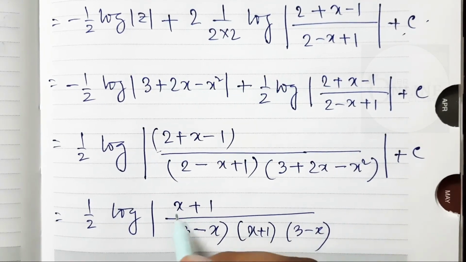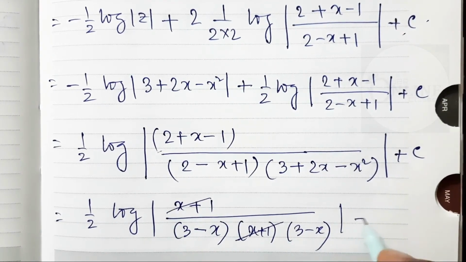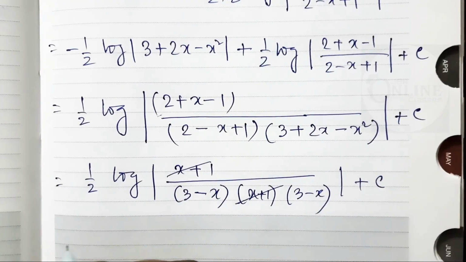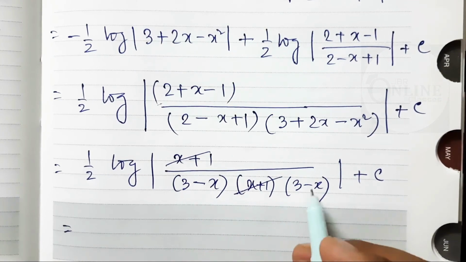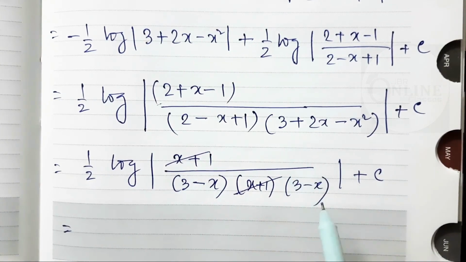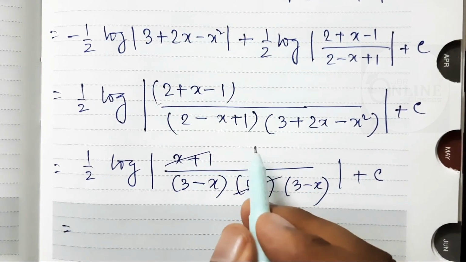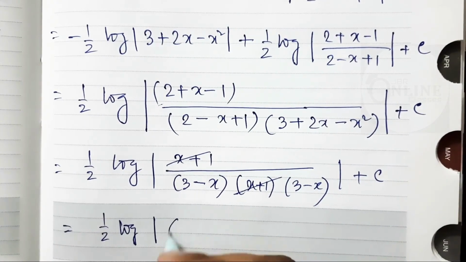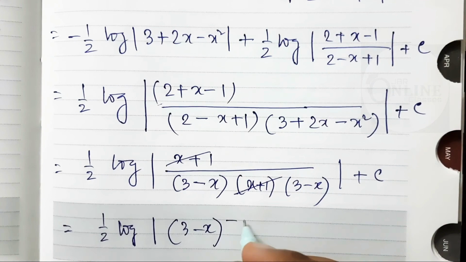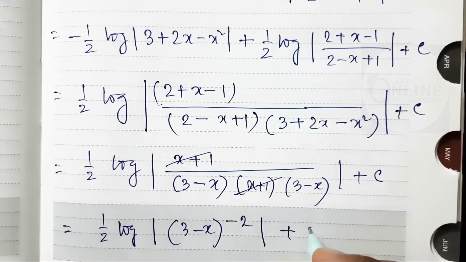Now this x plus 1 and x plus 1, these two will get cancelled. Finally you are going to have 3 minus x whole square. If you just put this factor on the numerator, it is going to be half log mod 3 minus x to the power minus 2 plus c.